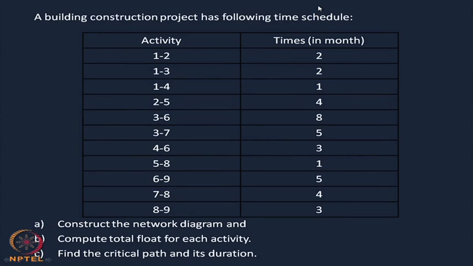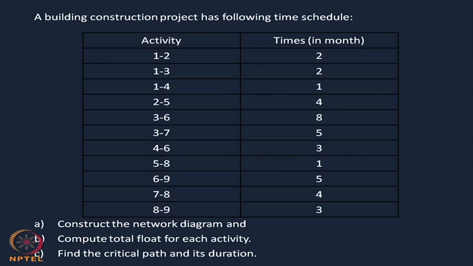A building construction company has the project with the following schedules, activities and corresponding times are being given, 1 2, 2 3, like this way, and we want to construct the network diagram, and then find the critical path, and here the added thing is we want to compute the total path also.